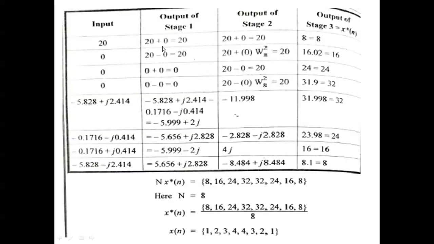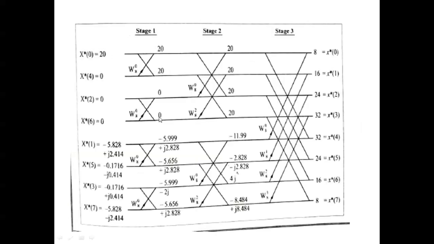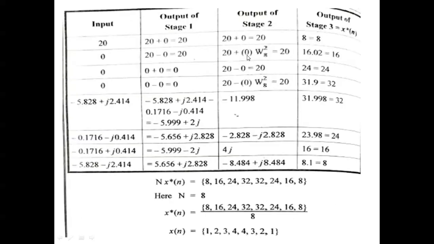So in stage 1, A plus B twiddle factor and A minus B twiddle factor, we got 20. For this one, A is 0 and B is 0, so 0 plus 0 twiddle factor is 0, and A minus B, 0 minus 0 twiddle factor, is 0.